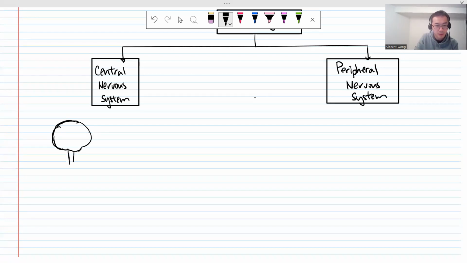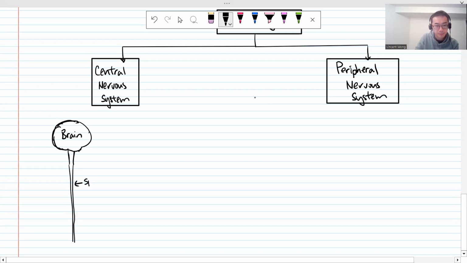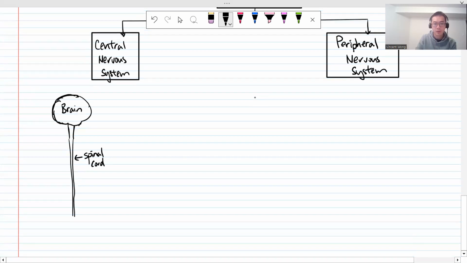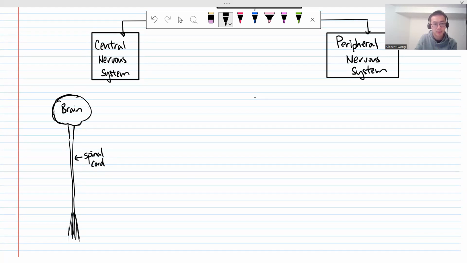And then you have your brain stem here, and then your spinal cord. And the spinal cord becomes like a ponytail at the end, for real. So this here, that's the CNS, central nervous system.